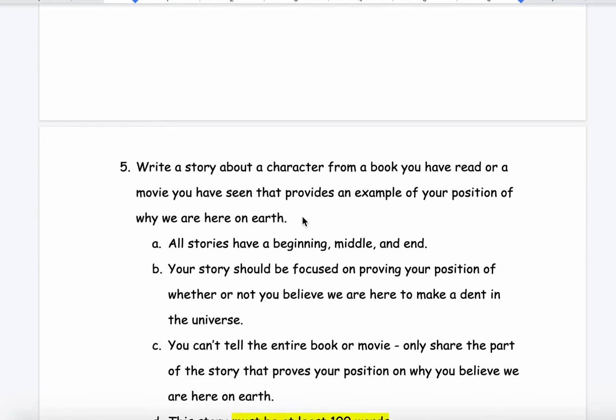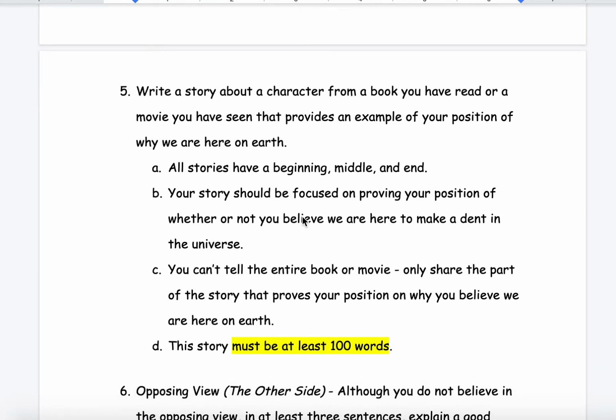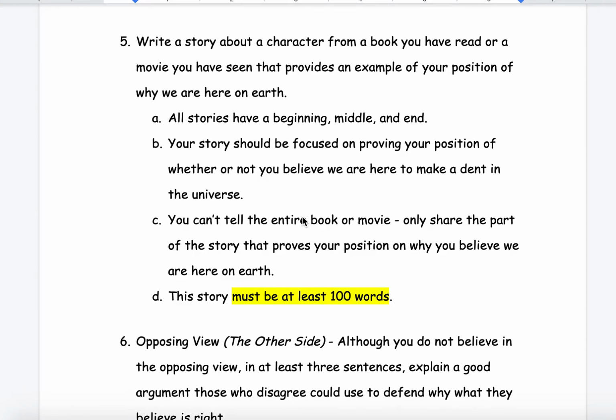Since you're using this example from a movie or a book, you can't tell the whole story. I need you to zero in on the part of the story that supports we're here to make a dent in the universe. We are not here to make a dent in the universe. Whatever you believe, what do you believe? Okay, so you'll use only that part of the story or the book.